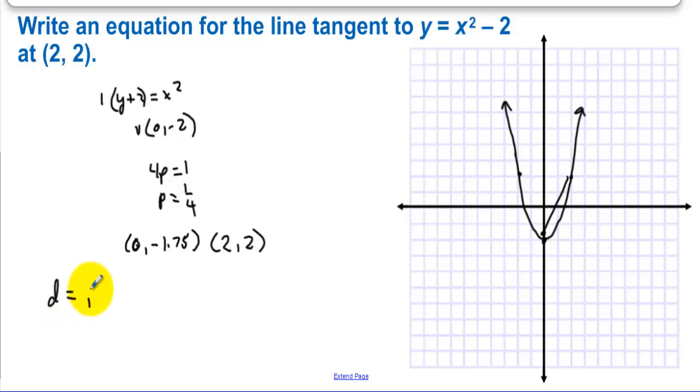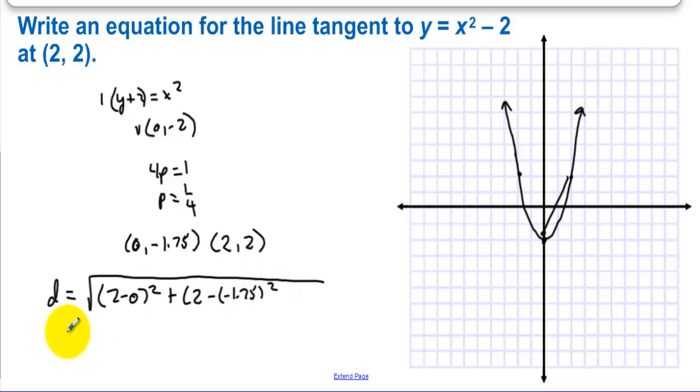And the distance formula is the Pythagorean theorem. We have 2 minus 0 squared plus 2 minus negative 1.75 squared, which is equal to the square root of 4 plus 3.75 squared.